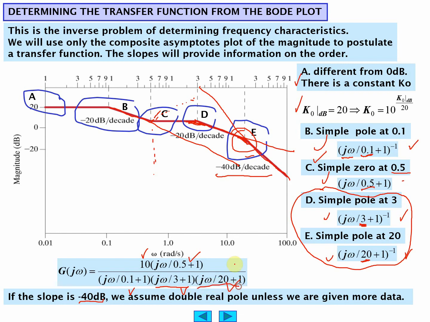If all of a sudden you were coming along, and all of a sudden you dropped at 40 decibels per decade, that would be a double pole. So you'd have a j omega over what frequency do we want? I put it at 3 radians per second.